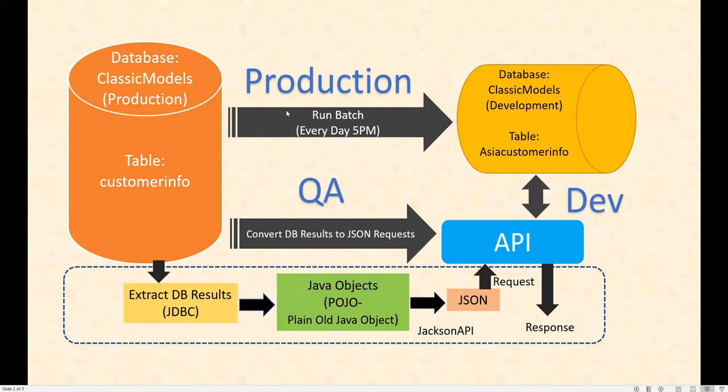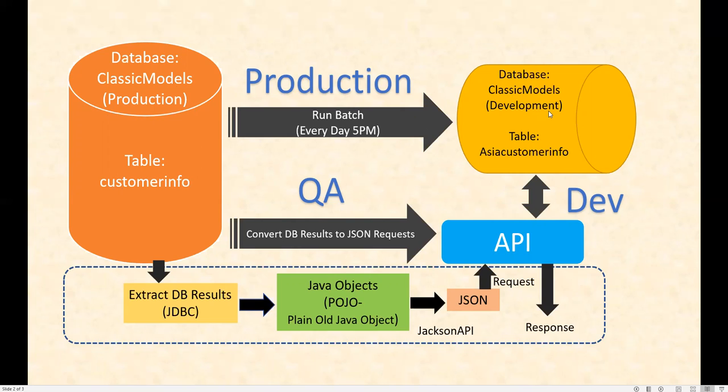This batch will select specific records from customer info, let us say the data coming from a specific country like Asia or Africa, and store that data into the development table.